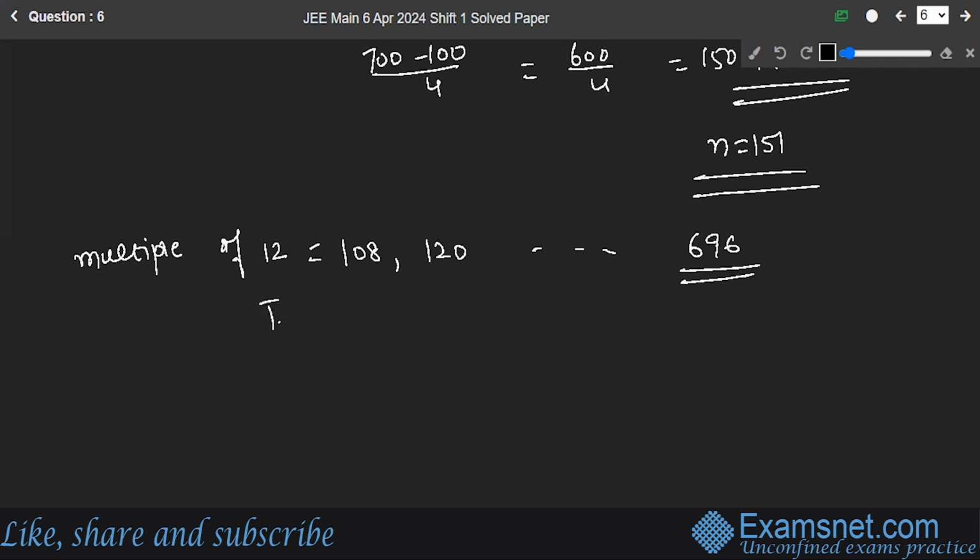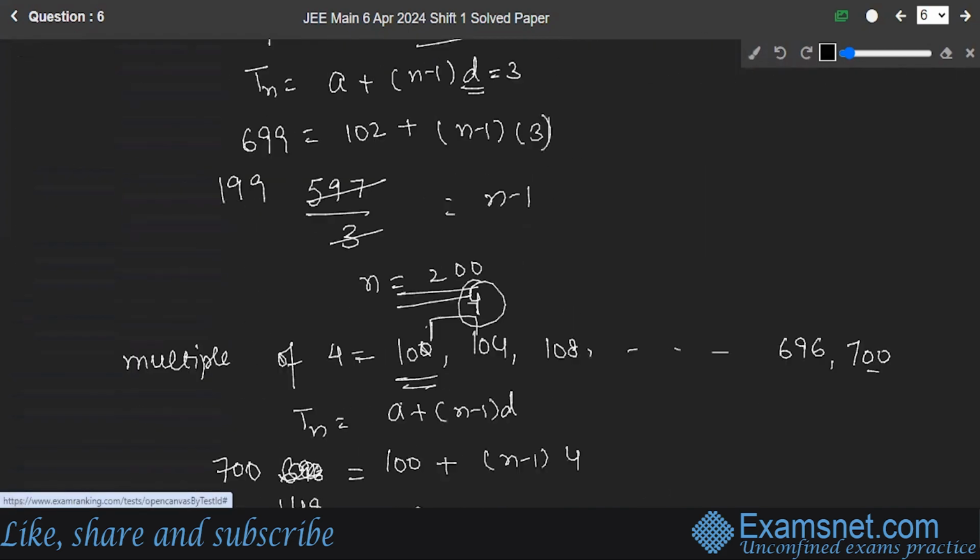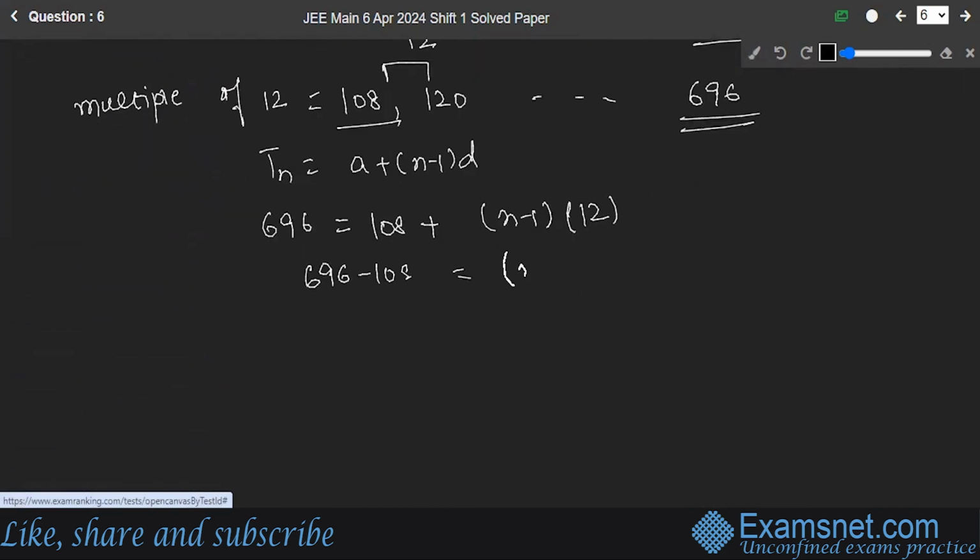Okay. Now the same thing, Tn is equal to A plus n minus 1 into D, which gives me 696 is equal to A, which is 108, plus n minus 1 into D. The common difference is 12. So 696 minus 108 is equal to n minus 1 into 12.